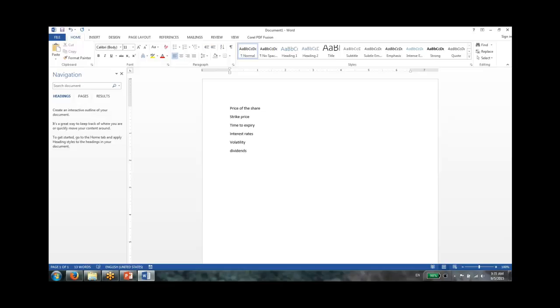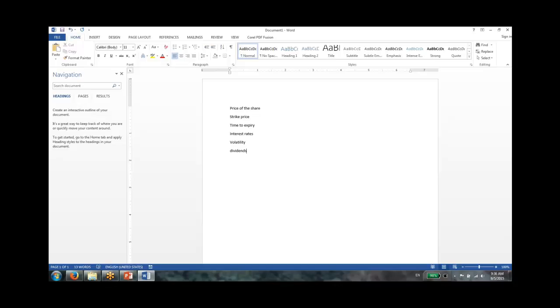So they say that the price of an option, whether it be a call option or a put option, is a function of these six parameters: the price of the share, the strike price, the time to expiry, the interest rates, volatility, and dividends. Based on this, they back out a price of the option.